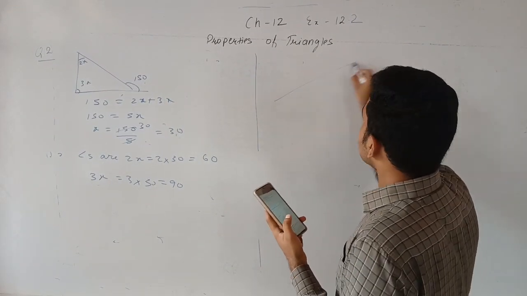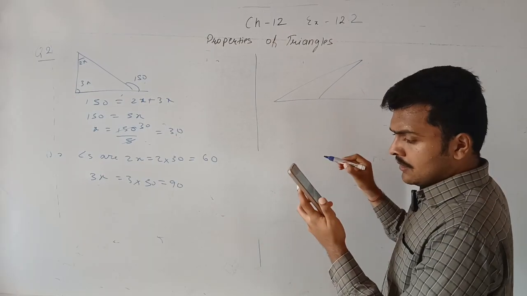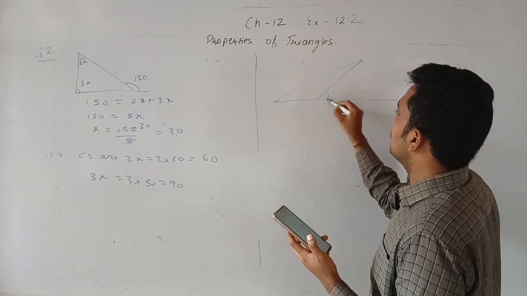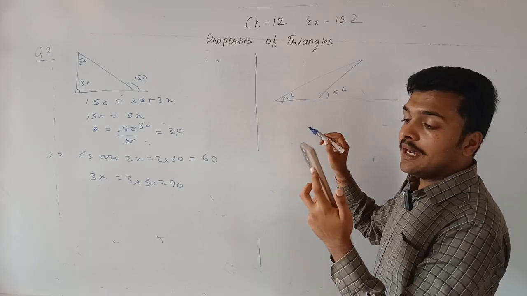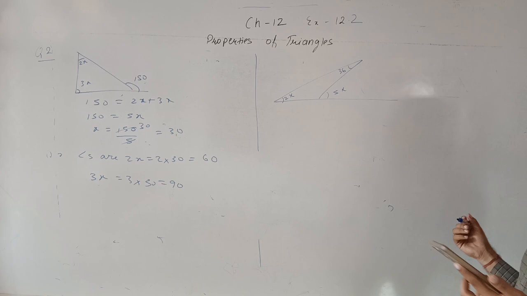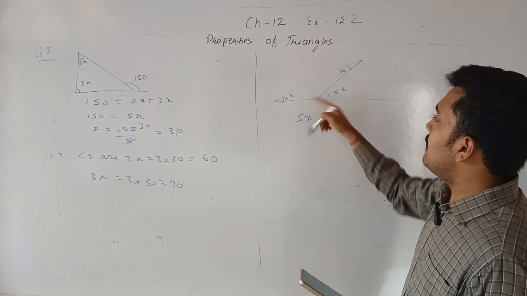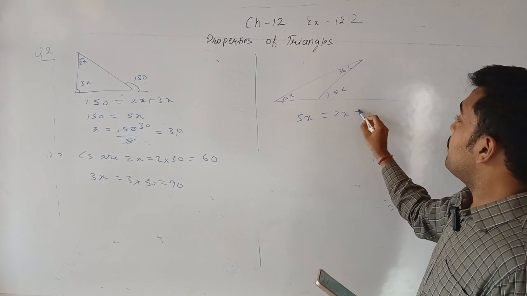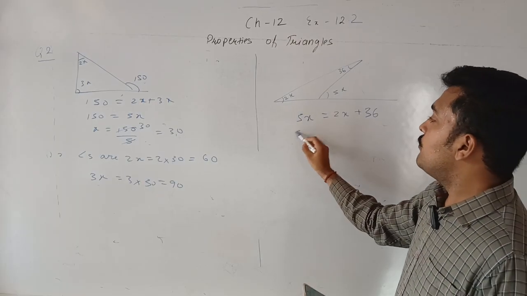Then is the third part. So this is our triangle. Exterior angle is given as 5x and interior angles are 2x and 36. So 5x is equal to sum of opposite interior angles, which is 2x plus 36.